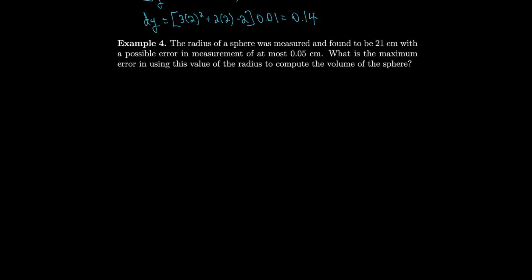The radius of a sphere was measured and found to be 21 centimeters with a possible error measurement of at most 0.05 centimeters. What is the maximum error in using this value of the radius to compute the volume of the sphere? Well, if dr, the differential of the radius, is equal to the change in the radius, which is in this case the error, right?